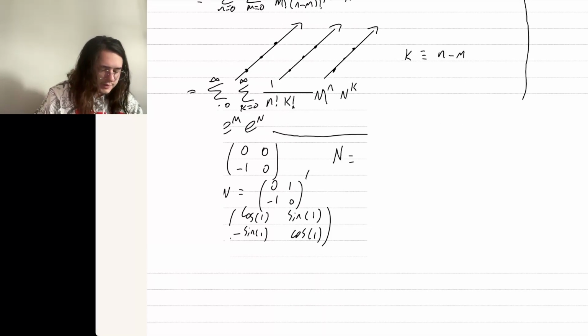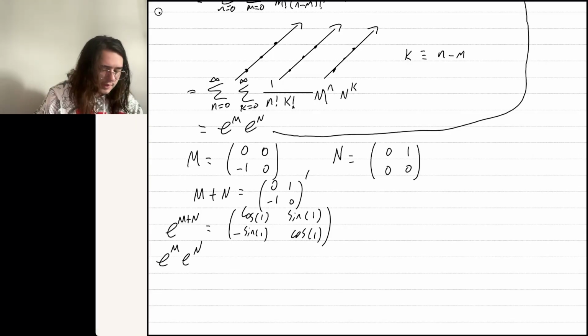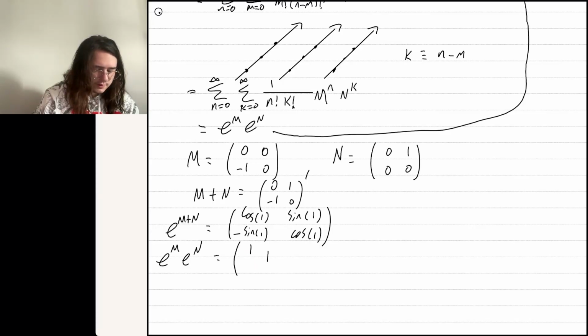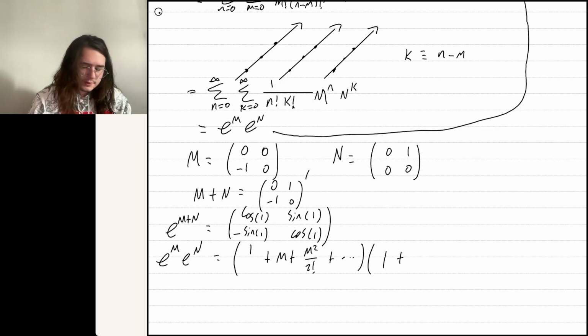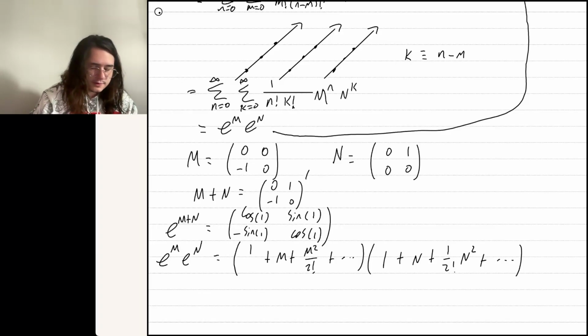What about the right-hand side if we do e to the m times e to the n? Well, it's going to be the Taylor expansion of 1 plus m plus m squared over 2 factorial plus dot dot dot, times 1 plus n plus 1 over 2 factorial n squared plus dot dot dot. So we better find what m squared and n squared are.